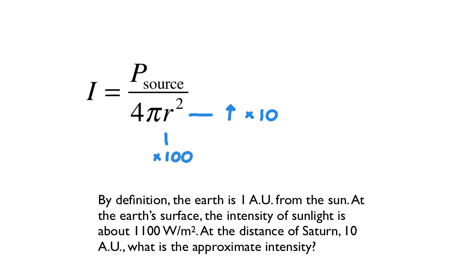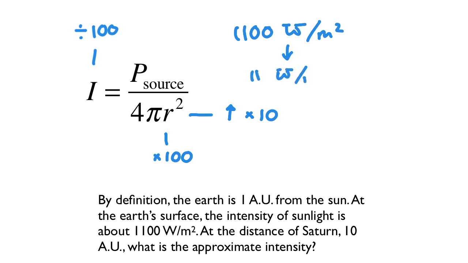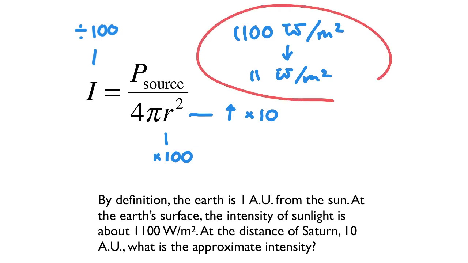And since r squared is in the denominator of this fraction, the intensity is going to decrease by a factor of 100. So instead of having 1100 watts per square meter, as you do at the surface of the Earth, at the distance of Saturn, it's only 11 watts per square meter. So you have very, very low intensity of sunlight out at Saturn.